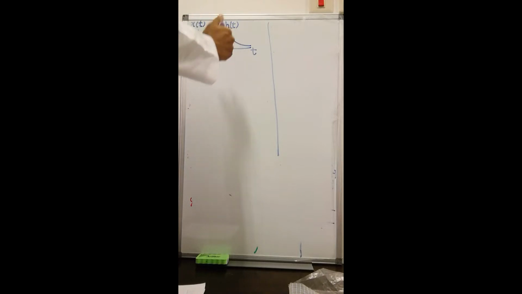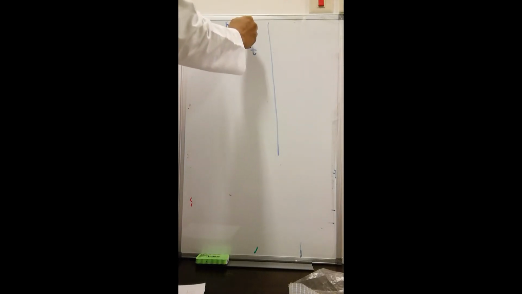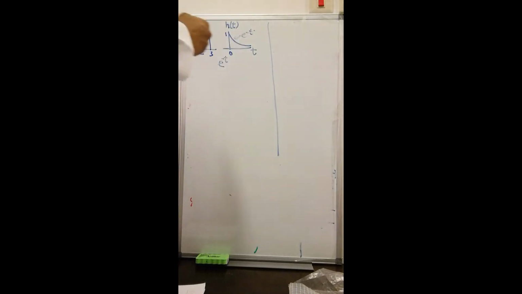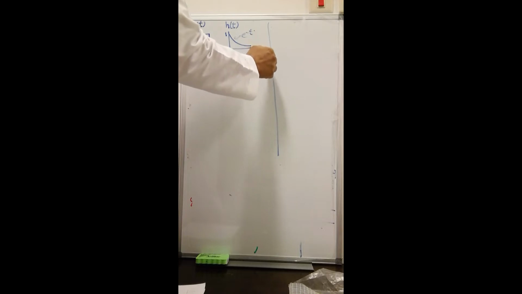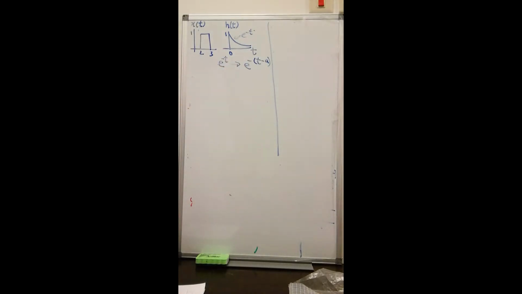If this function is e raised to the power minus t, and we shift it in any of these directions, then this will be e raised to the power minus t minus a.